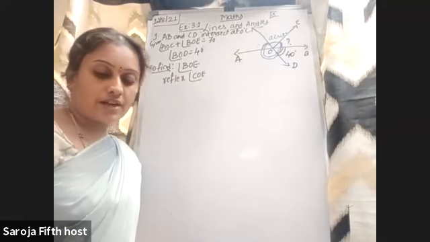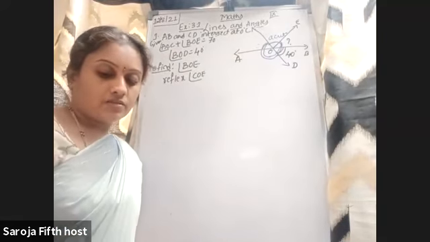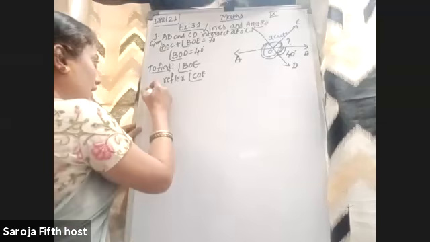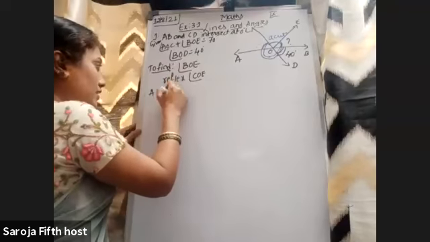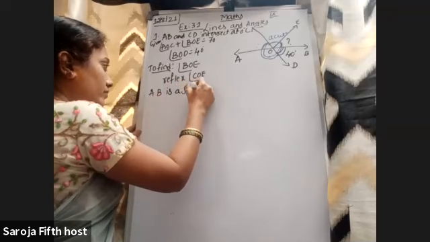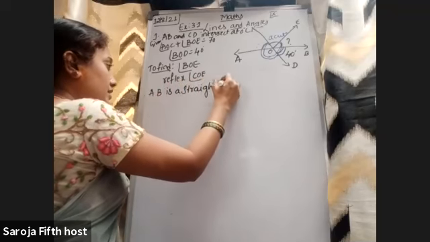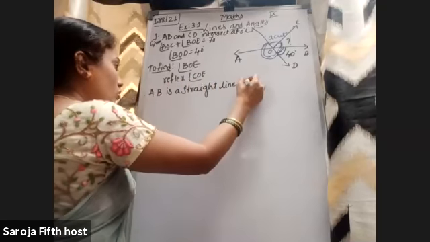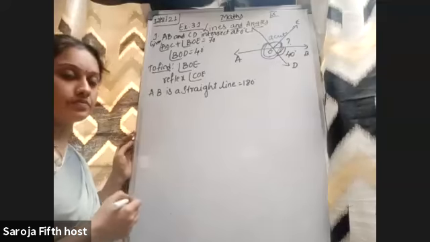How to find angle COE? We know AB is a straight line, which is equal to 180 degrees.